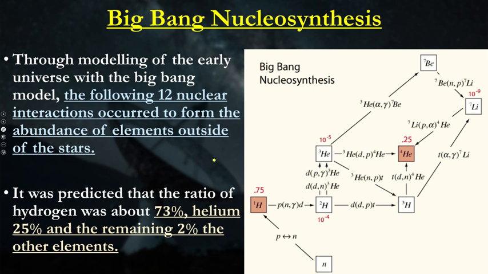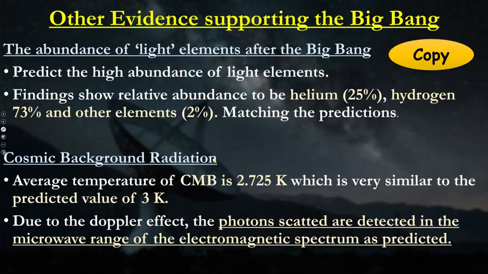So again, our theory matched the scientific evidence that we found. That's how you explain how light elements support the Big Bang theory, matching predictions. And again, the cosmic background radiation backs up our predictions. Again, this is also due to the Doppler effect, to show that photon scattering should now be microwaves in that range.